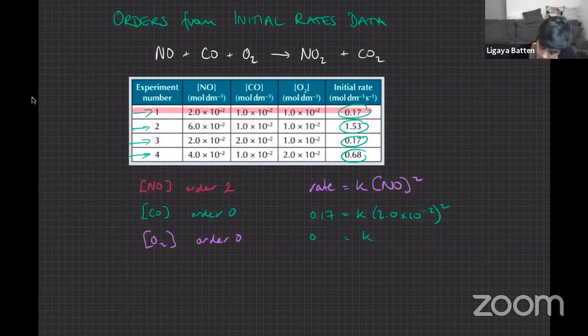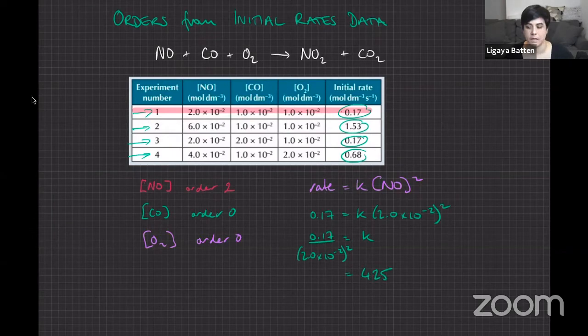K equals 0.17 divided by (2 times 10 to the minus 2) squared, and that will give us K. Okay, and that gives me 425.